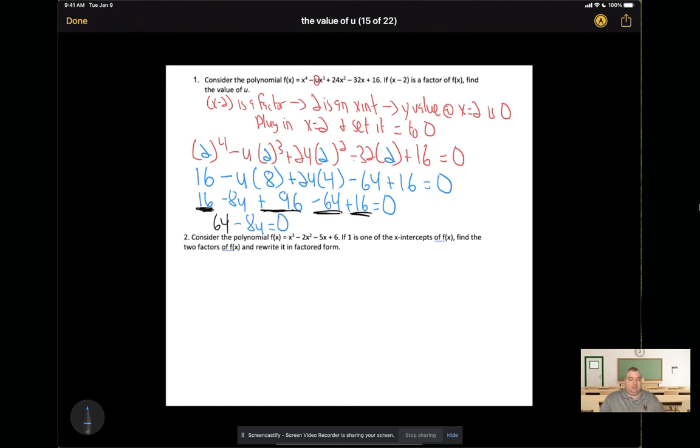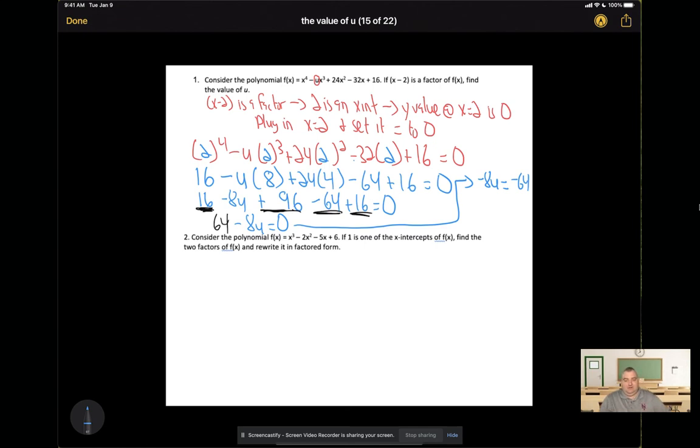So I'm going to subtract 64 from both sides. I'm going to do this up here where I have more room. If I subtract 64 from both sides, I end up with negative 8u equals negative 64, right? Because 0 minus 64 is negative 64.